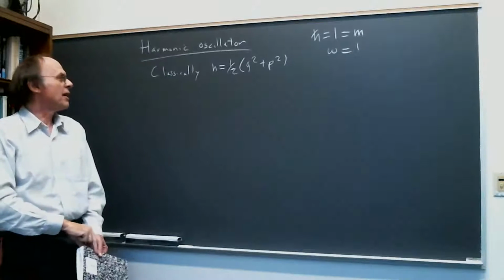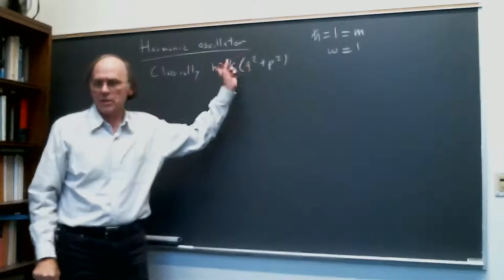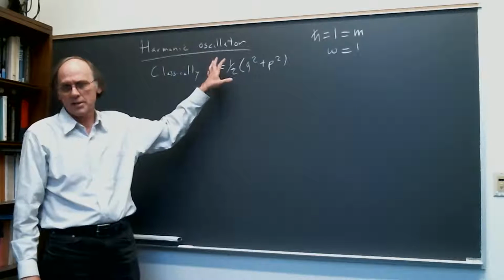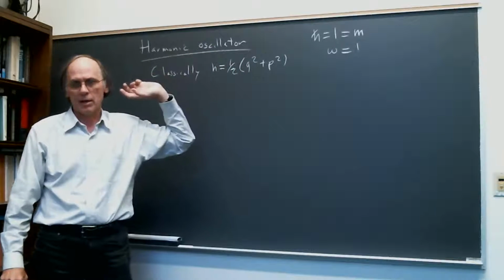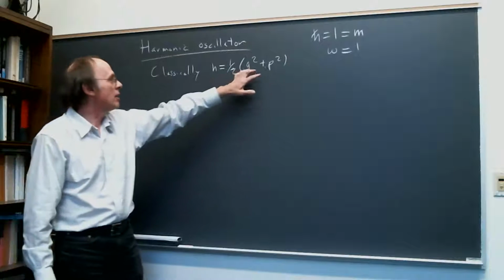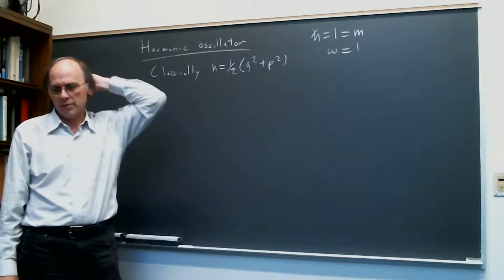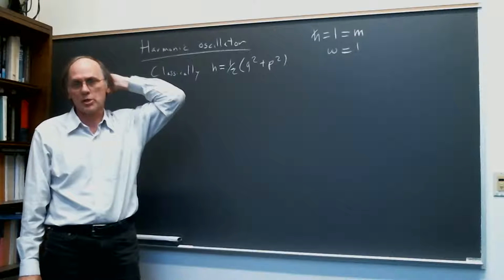From the Hamiltonian point of view, one of the great things about the harmonic oscillator is that it's completely symmetric in q and p. This is one of the great arguments for the Hamiltonian point of view as opposed to the Lagrangian point of view.